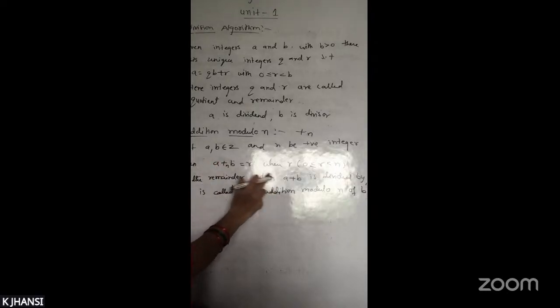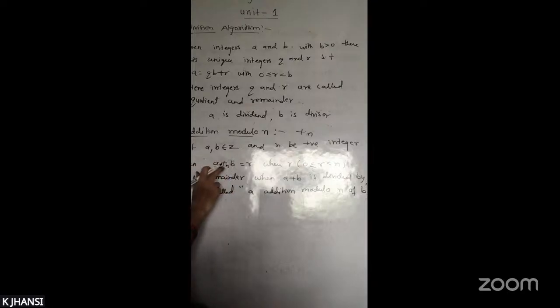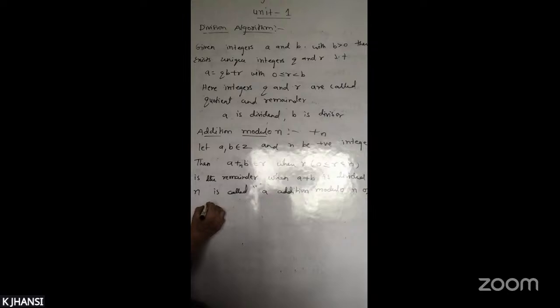So r is the remainder when a plus b is divided by n. Whatever resultant you get when a plus b is divided by n is the remainder, and we read it as a addition modulo n of b. Similarly, you can take examples, such as 1 plus 4, 2 is equal to 3. Here a plus b is 3, divided by n, where n is 4. Whatever the resultant is, that is 3 here.